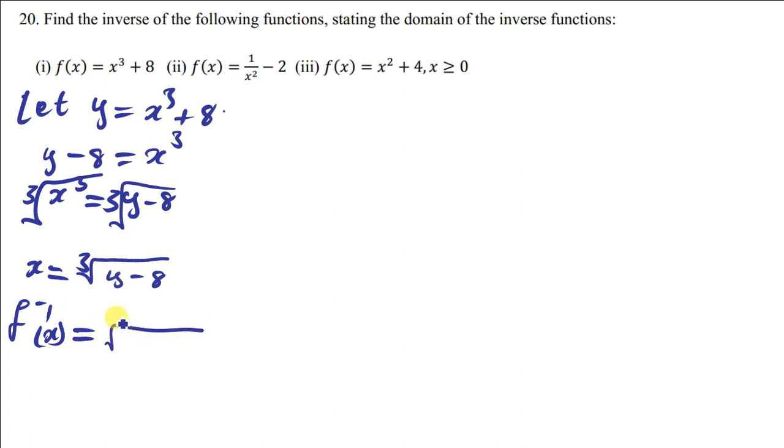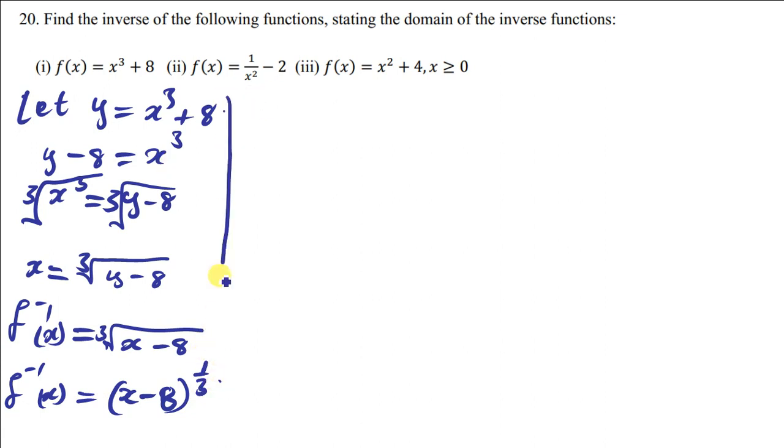While there is y here, I'm just going to replace it with x. So the cube root of x minus 8. This can also be written as x minus 8 in brackets to the power 1 over 3. Still the same. We're going to do the same even for the second part.